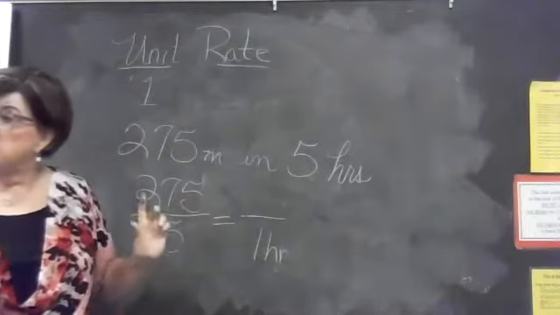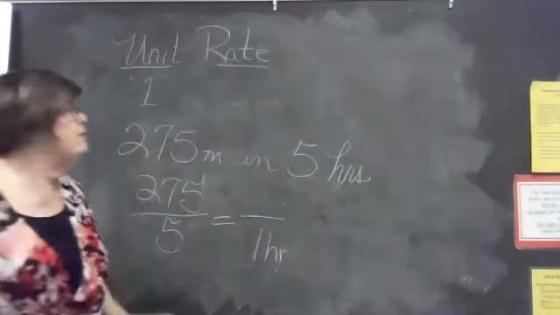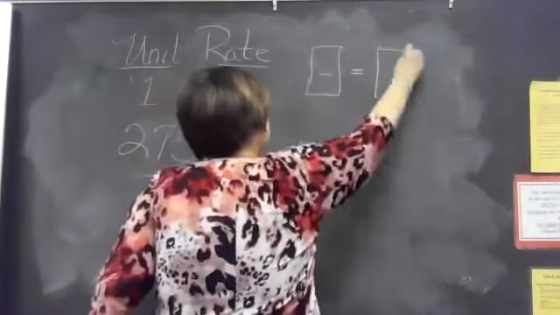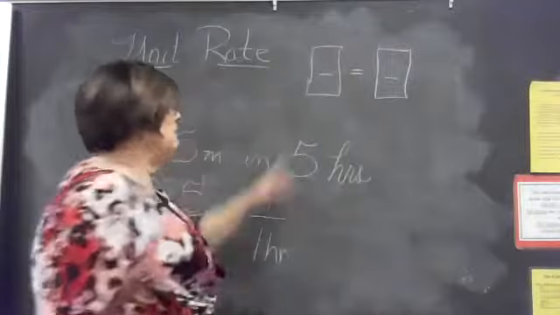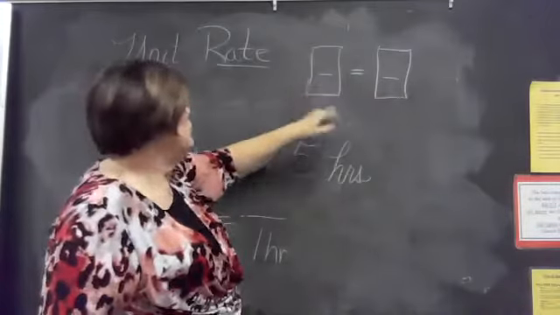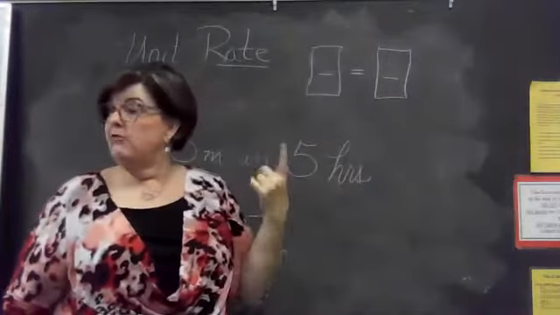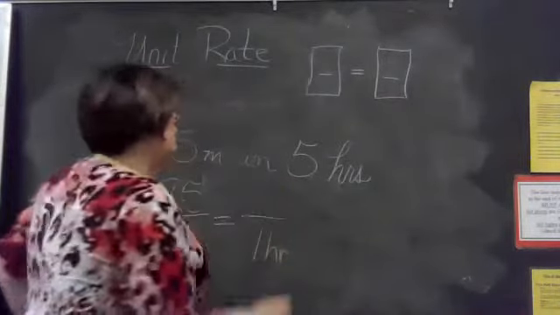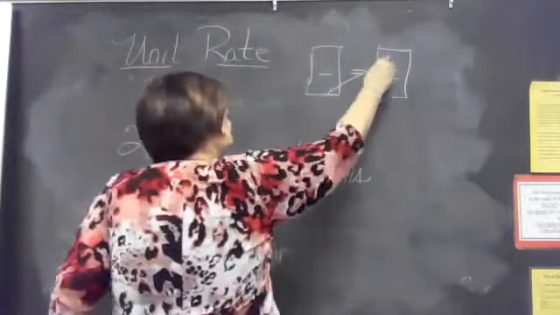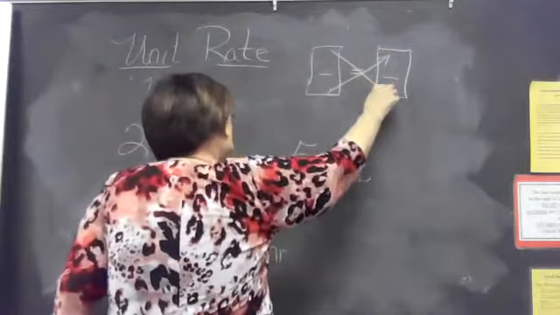Now a reminder before I finish this, okay? Yesterday we talked about proportions. And the definition of a proportion was 1 fraction equal to only 1 fraction. No extra stuff. This is a fraction, and this is a fraction. And if we have a true proportion, we found out yesterday that if we multiply the top times this bottom, we will get exactly the same answer as if we multiply this top times this bottom.